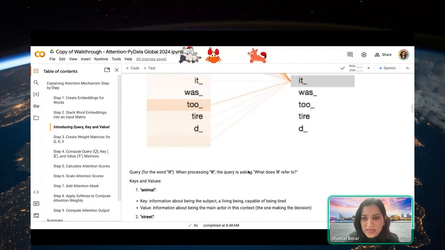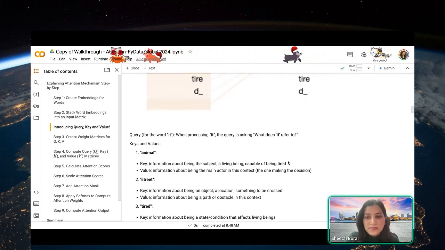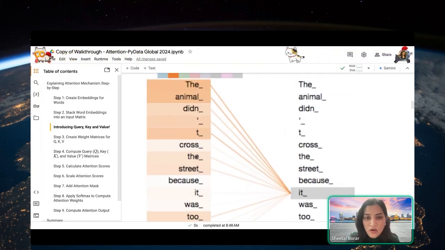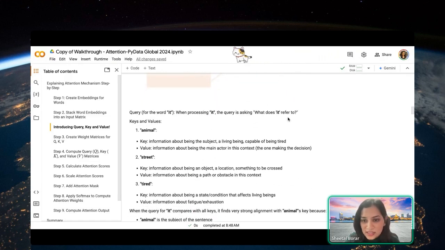So the query matrix is going to be encoding the information that tries to understand what it refers to. We are going to compare the query of the word it to the keys of all the remaining words to understand what it refers to. So the key and value of each of these words is going to give us some meaningful information to answer this query.